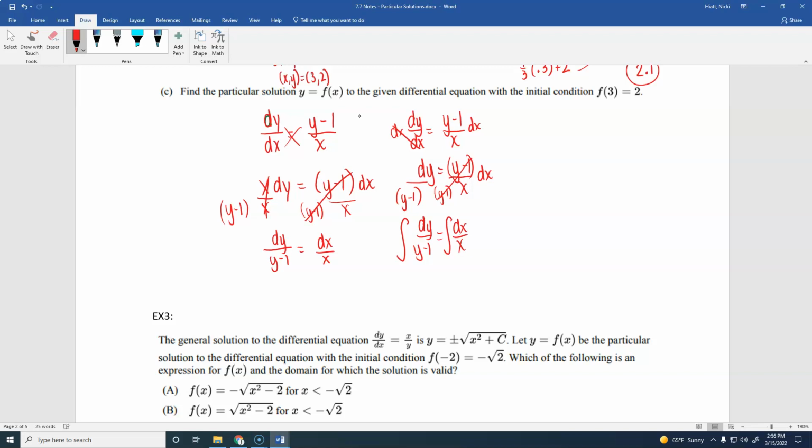What do we get when we integrate dy over y minus 1? Natural log absolute value of y minus 1. What do we get when we integrate dx over x? Plus c.